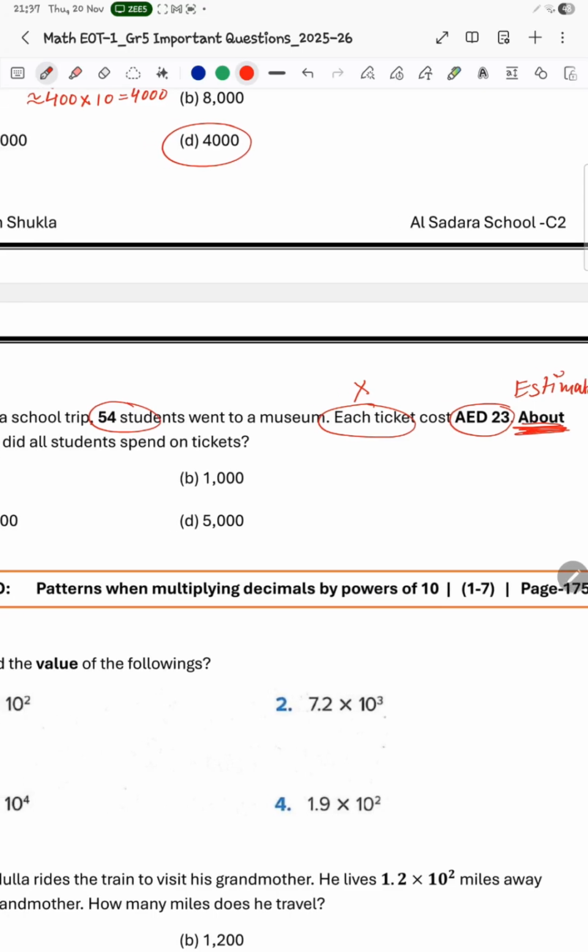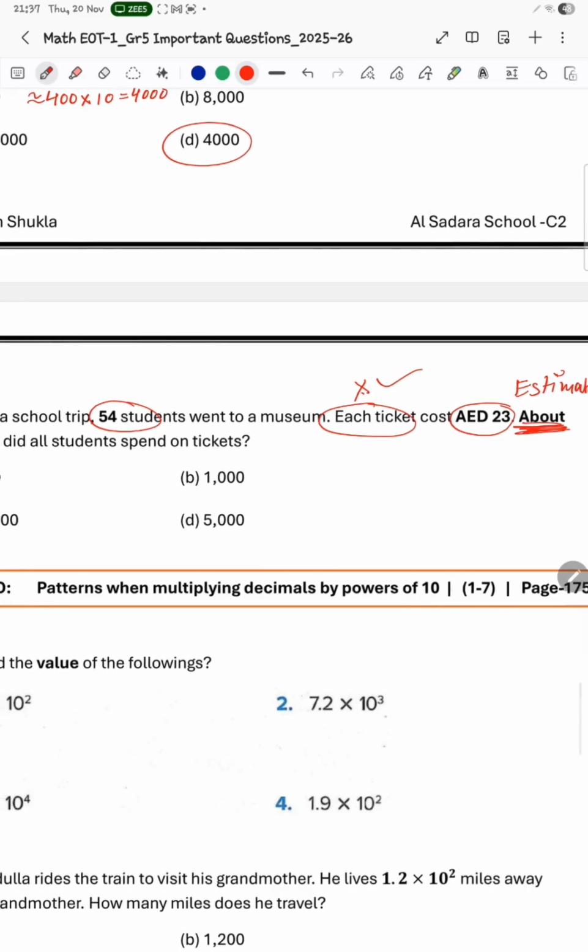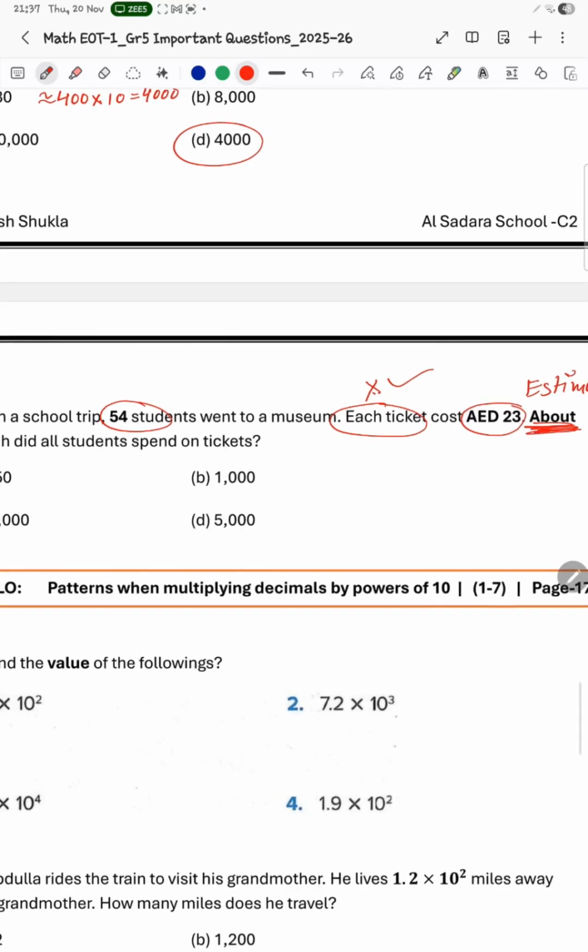Okay, so now you have to estimate the product of 23 and 54. So estimate 54 times 23. Okay, so just estimate here.